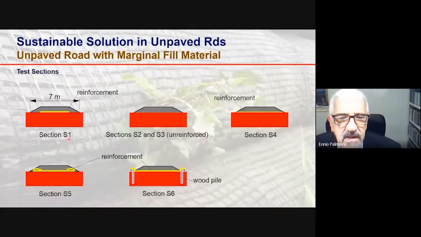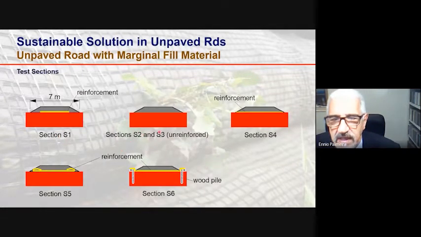So in experimental section S1, the reinforcement was just below the platform of the road in a way to investigate the influence of less anchorage of the reinforcement and also to provide what would be a less expensive solution in terms of reinforcement cost.